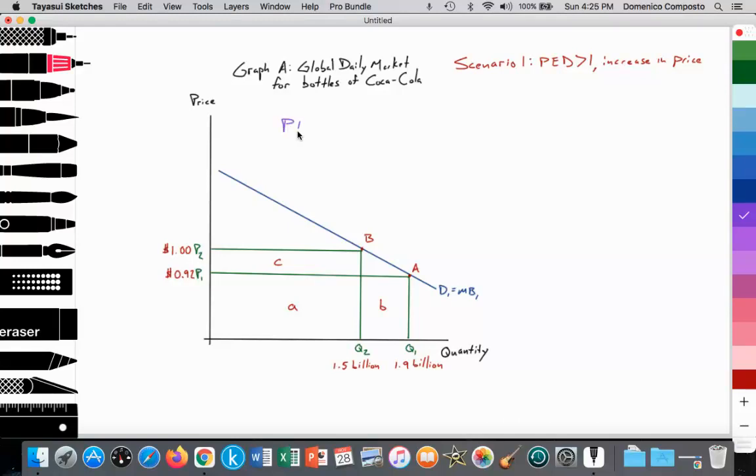So again, PED, price elasticity of demand, is a formula where we're looking at the percent change in the quantity demanded of a good divided by the percent change in the price. And remember that the percent change is equal to the final value minus the initial value divided by the initial value multiplied by 100.